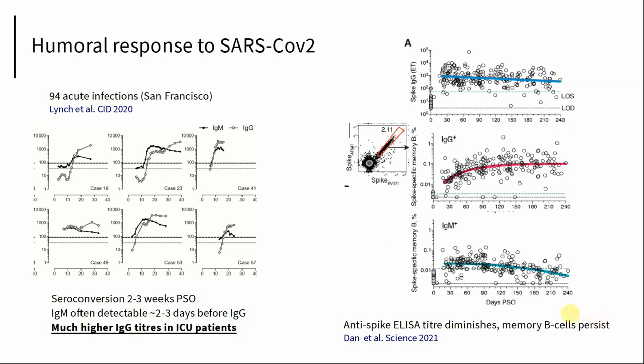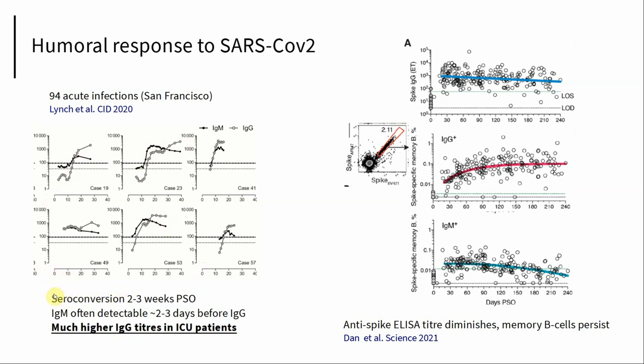This was one study published in 2020, and some typical results here, looking at the ELISA titers of IgM and IgG against the spike glycoprotein, over time after symptom onset. You can see that IgM, in the dark symbols, is coming up sometimes a little bit quicker than IgG, but after the peak, IgM goes down and IgG persists for longer.